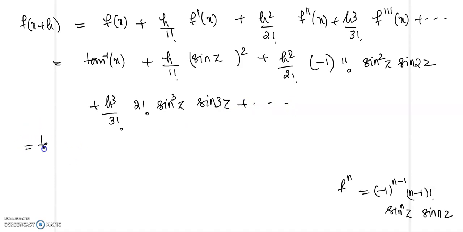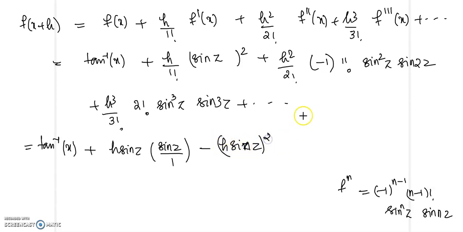So when you simplify, you will get tan inverse of x plus, okay, so you can write in the form h sin z into sin z by 1 minus, next term will be h sin z whole square by ... into sin 2z by 2.